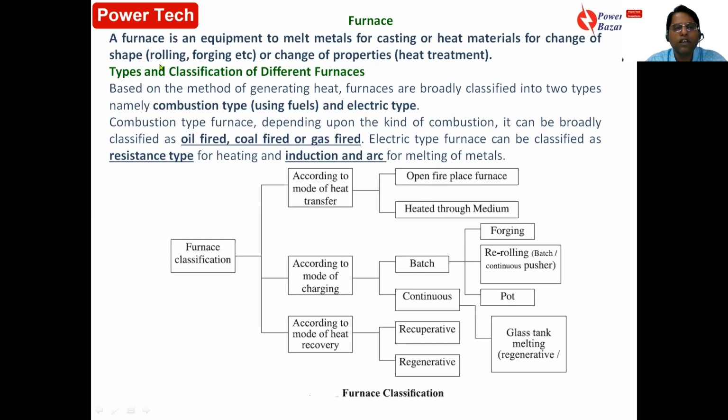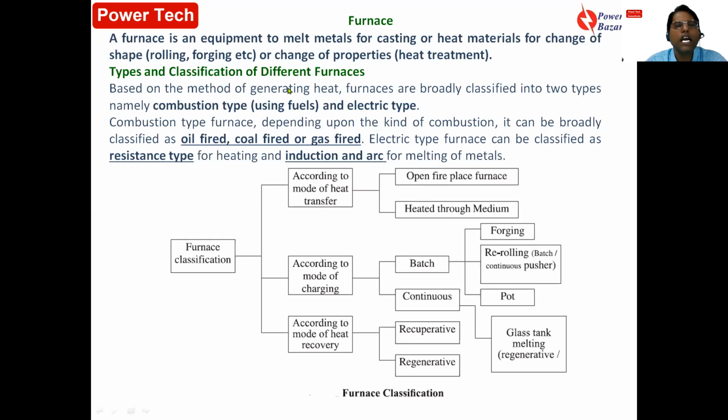That means the material has to be rolled or forged, for which its temperature has to be increased. We make it into a molten form so that we can really forge it or roll it. Now this is done in a furnace, which basically melts or heats the material so that we can change the shape of the materials, steel, aluminum, whatever.